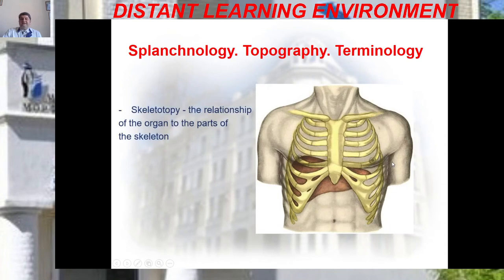The next term is skeletotopy, and this term means the relationship of the organ to parts of the skeleton. And you may see the relation of the chest and breast to the liver.